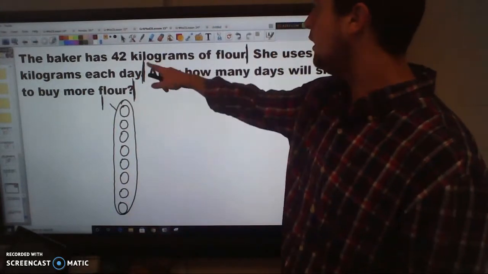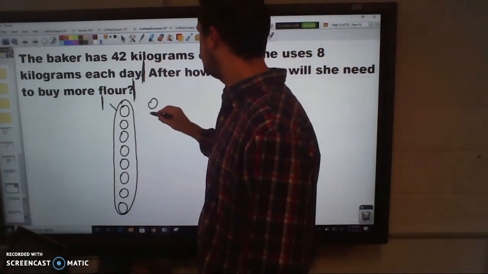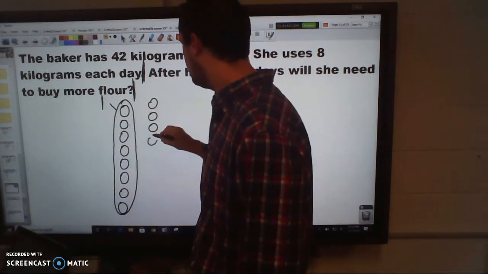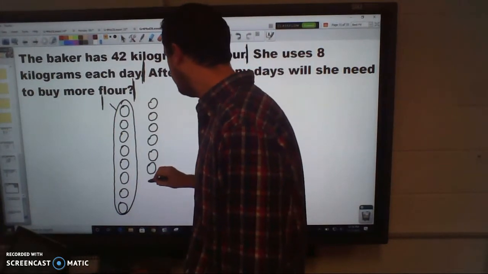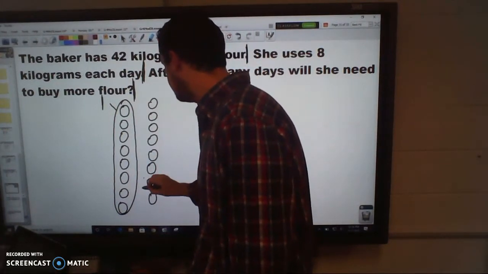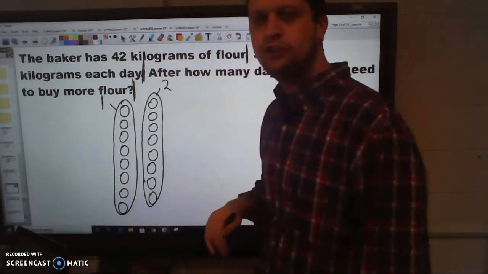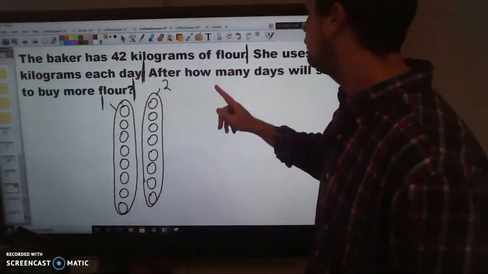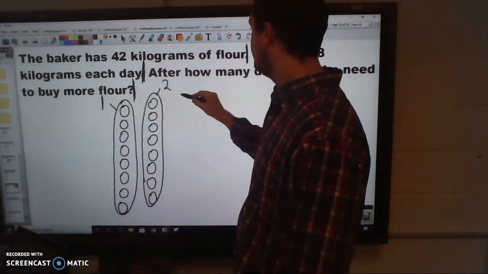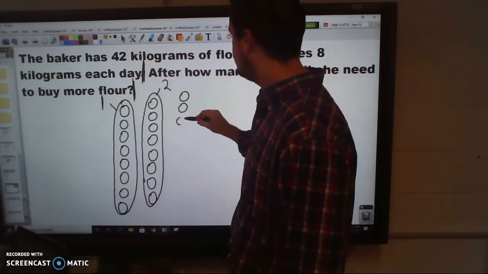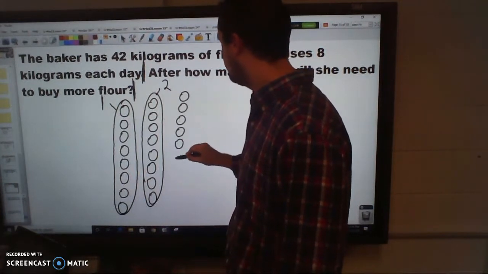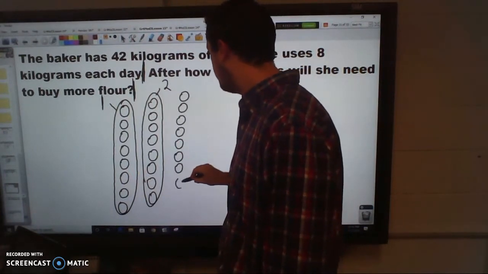So let's keep going. 9, 10, 11, 12, 13, 14, 15, 16. There's day 2. So after 2 days, she's still good to go. Let's go to the third day. So 16, 17, 18, 19, 20, 21, 22, 23, 24.